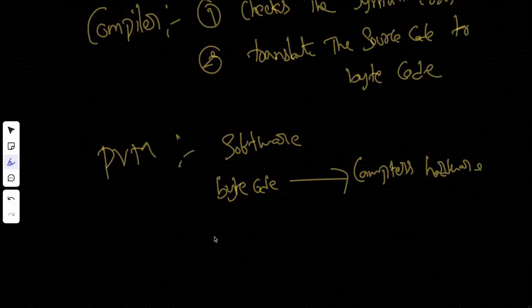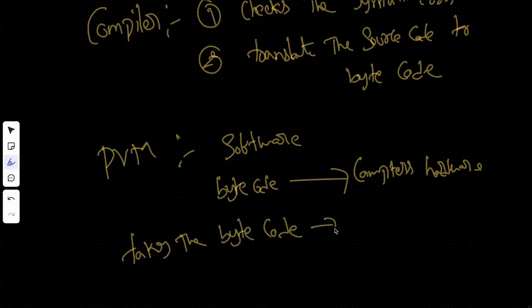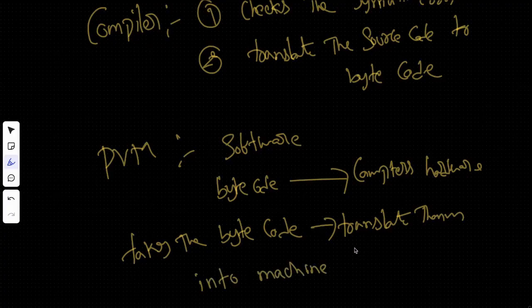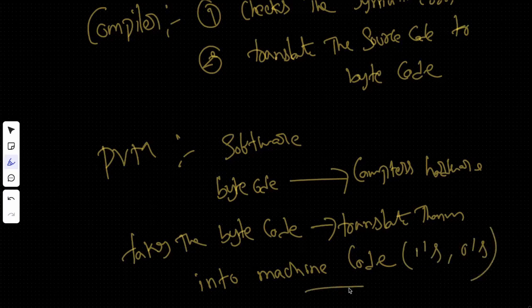This PVM takes the bytecode and translates it into machine code, like ones and zeros. This machine code the computer can understand and process.